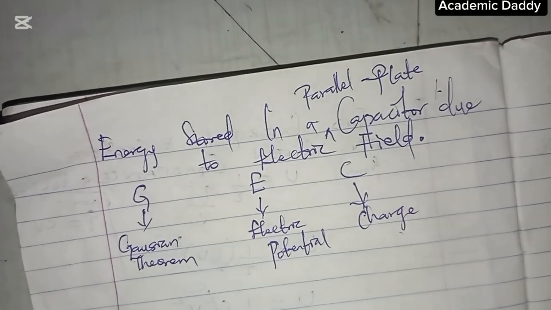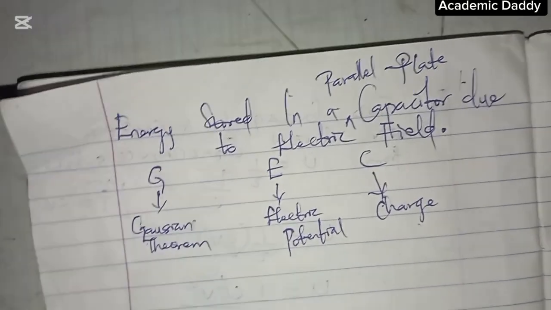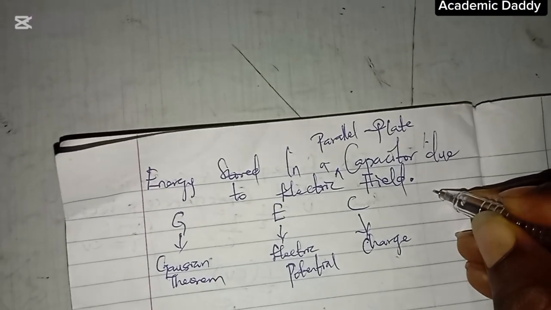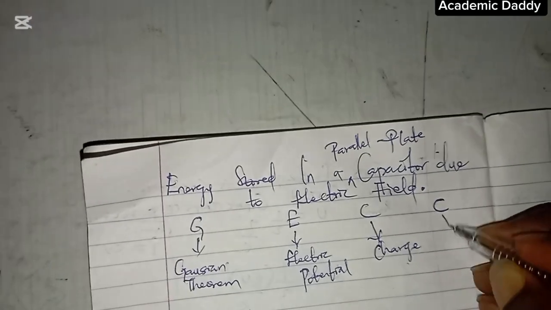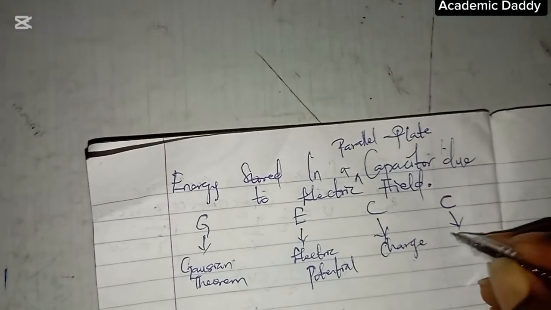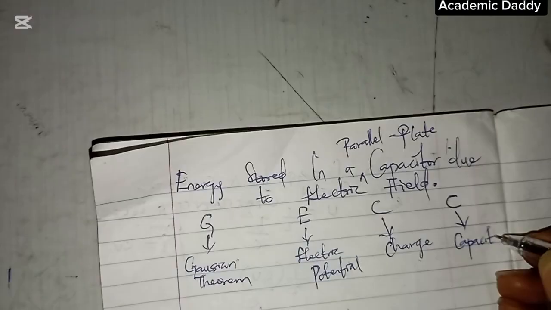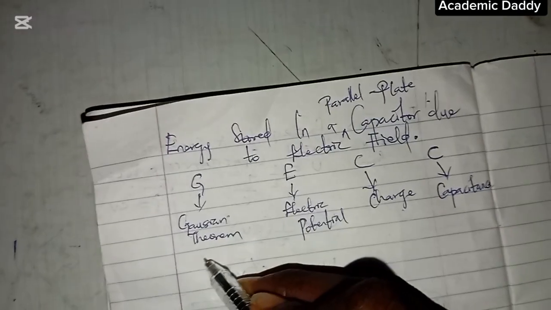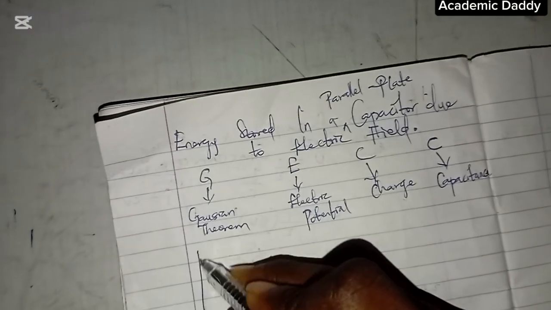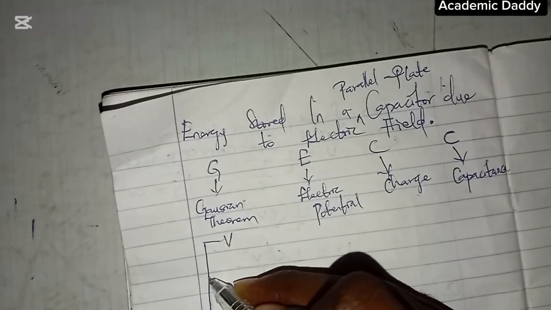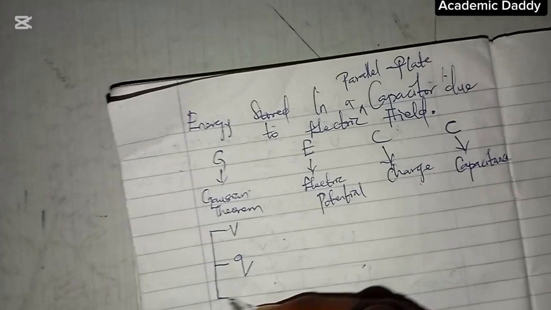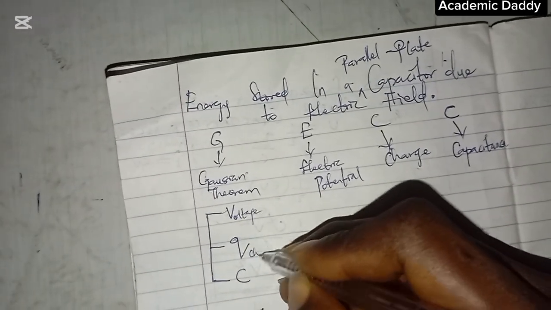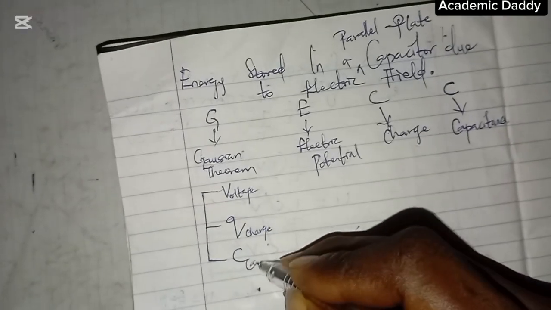We have now voltage, charge, and capacitance. So I will compare Gaussian theorem to V, to Q, and to C. That is, to voltage, to charge, and to capacitance.